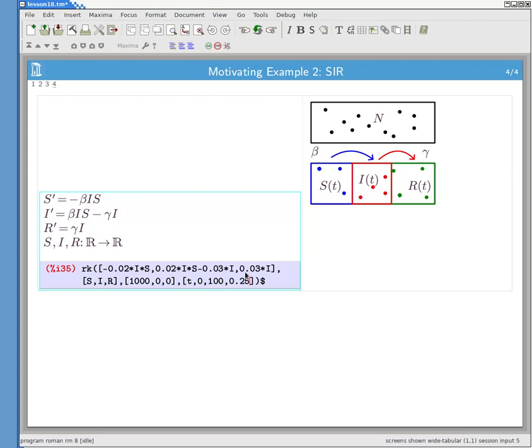Now, notice that we've chosen initial values in this particular case to give an especially simple solution, because if the infected population is 0, then the rate of change would be 0 for S, the rate of change would be 0 for I, and since I is also 0, the rate of change would be 0 for R. This is typically the first thing that you try.